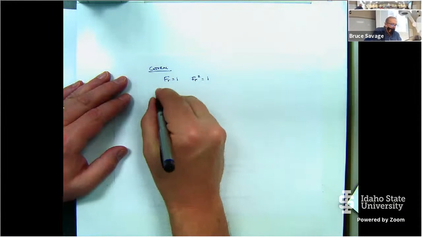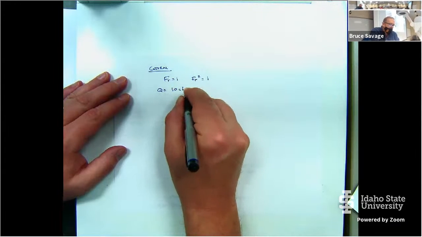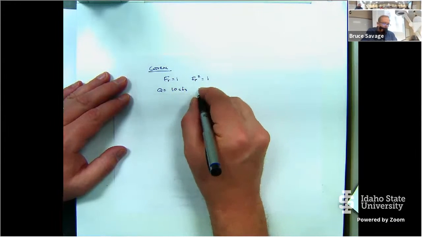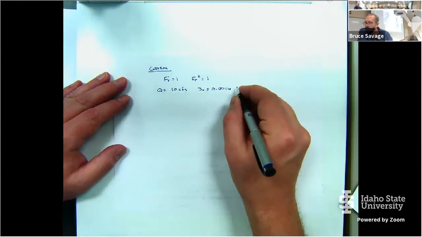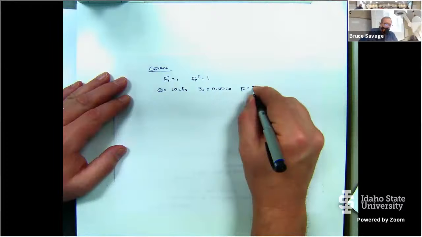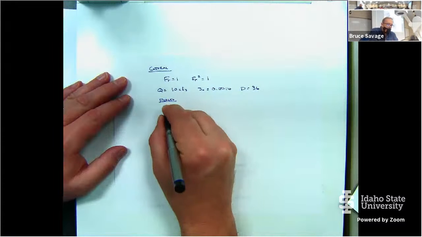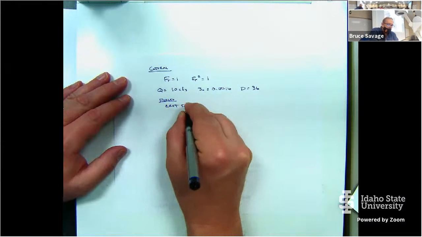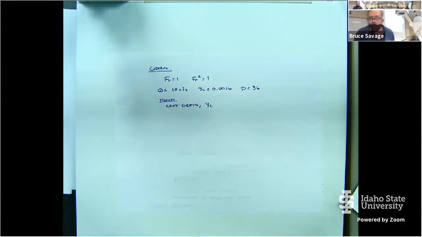The flow rate is Q equal to 10 CFS. The slope is 0.0016, and the diameter is 36 inches. And we want to find critical depth, which is usually denoted as Y sub C. Depth is Y, C represents critical, okay?